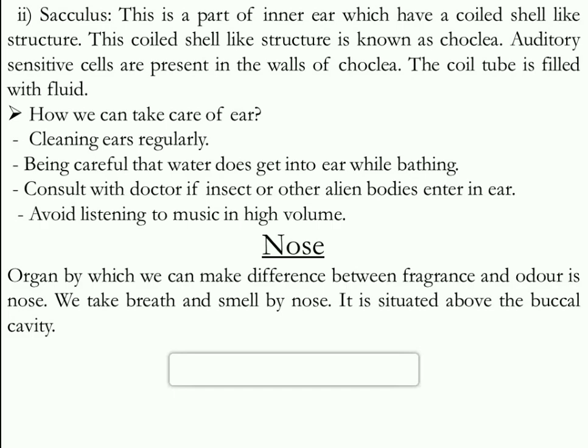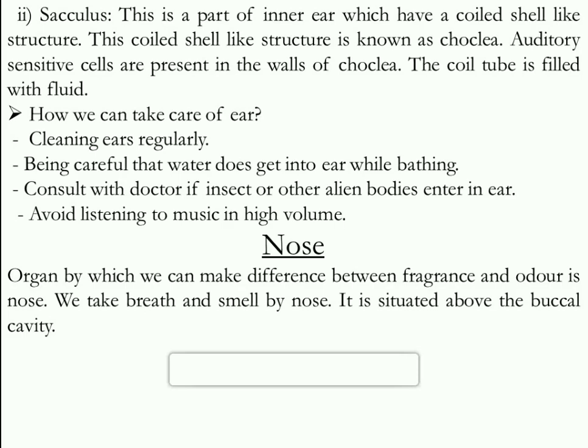If you are passing by garbage, you can easily realize whether it is odor or fragrance. And if you are passing by a flower shop, then you can easily know this is fragrance or odor. So with this organ you can make the differences, and that is the nose.